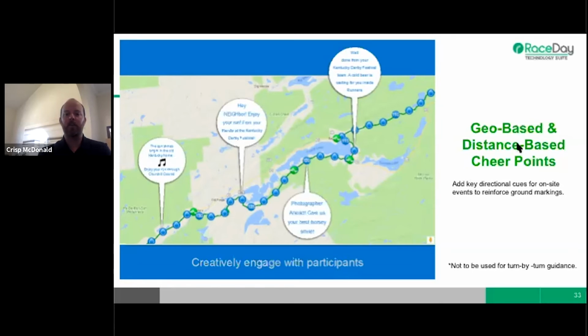The geo-based cheers do this on the course map, so this is for in-person racing or on-course racing. Whereas the distance-based cheers, if you're doing a race anywhere, you can plug these in and have, like, if it's a 5K, you can have a 2.5K turnaround, and cheer people halfway there or what have you.